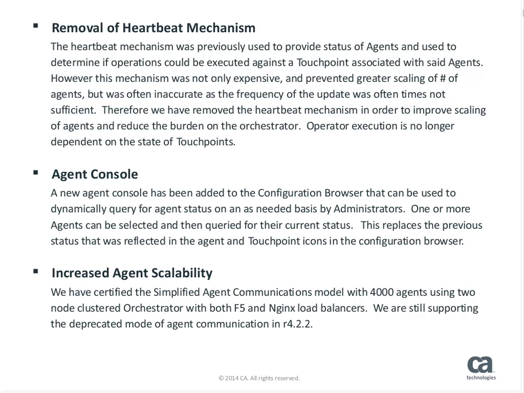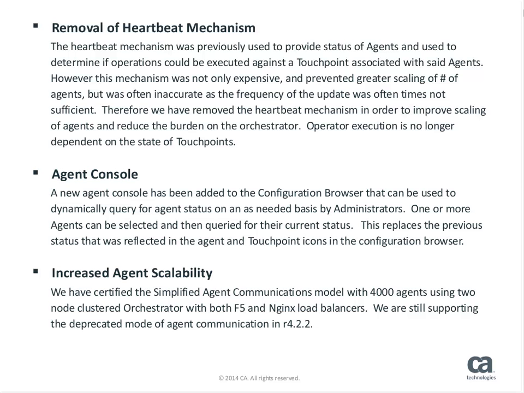And on demand, you can query for agent status from all or a partial set of the agents that you have in your group. Today, the only functionality we have in the agent console is the ability to request status, but over time, we do plan to enhance this with additional capabilities as well.